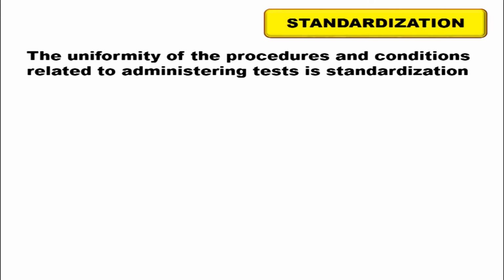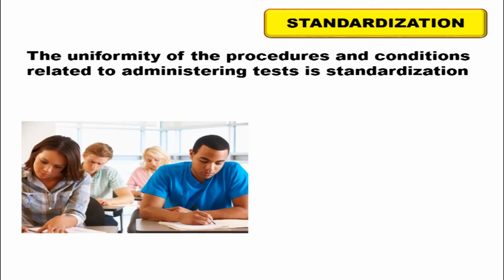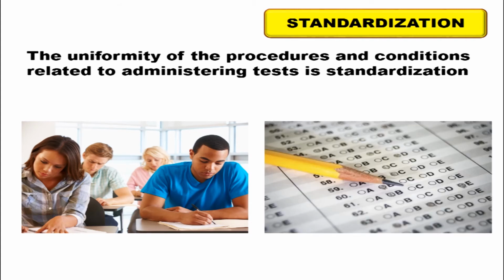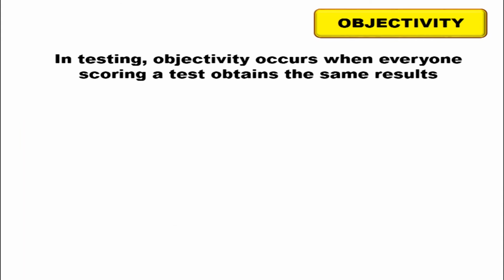Standardization. The uniformity of the procedures and conditions related to administering tests is standardization. To compare the performance of several applicants taking the same test, it is necessary for all to take the same test under conditions that are as identical as possible. Objectivity. In testing, objectivity occurs when everyone scoring a test obtains the same results.